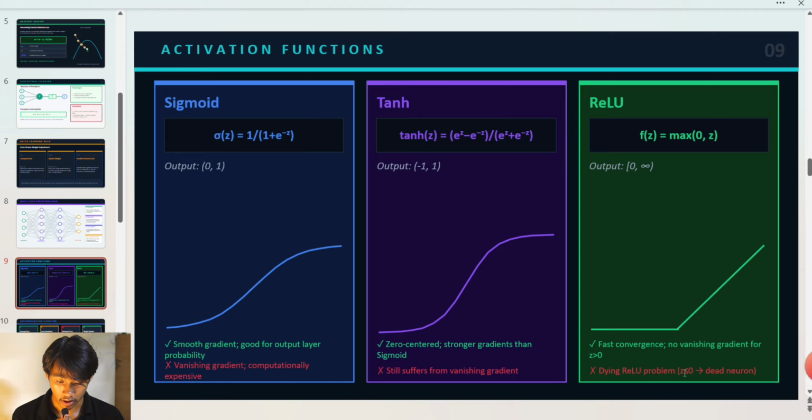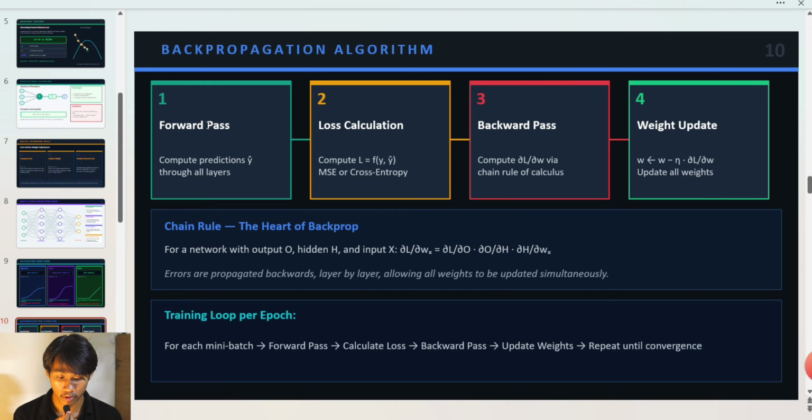Now the next slide is the backpropagation algorithm. This slide explains how a neural network actually learns. In step 1, the forward pass, the network generates predictions, and the second is loss calculation, where the prediction error is calculated.